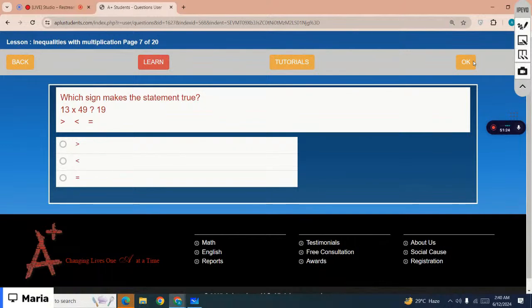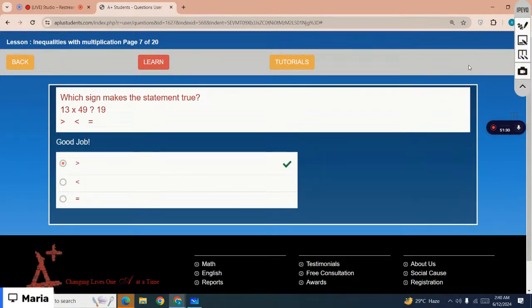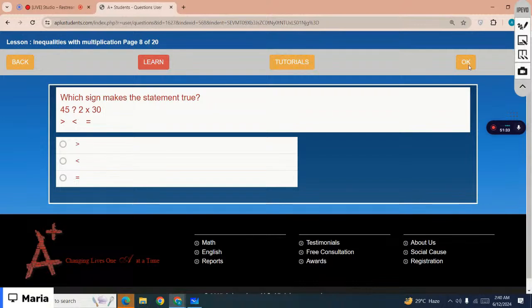The correct option is greater. Which sign makes the statement true? 45 and 30 times 2. 45 is less than 30 times 2, which is 60.